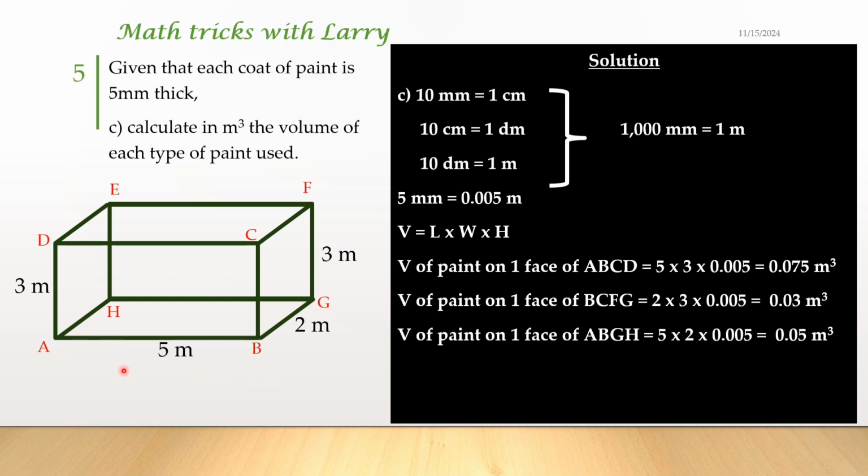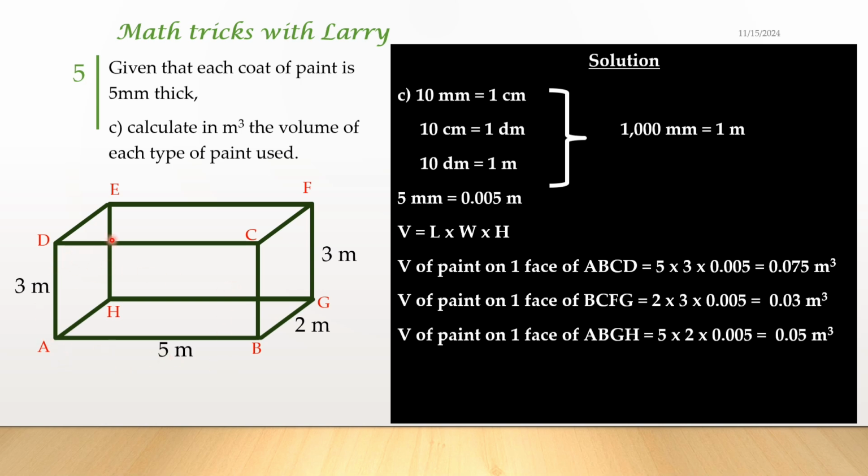Now, looking at this cuboid, you realize that just for the side A, B, C, D, we have the interior surface and the exterior surface. Now, the side G, F, E, H has an interior and an exterior surface as well, which means there are 4 faces for the sides.